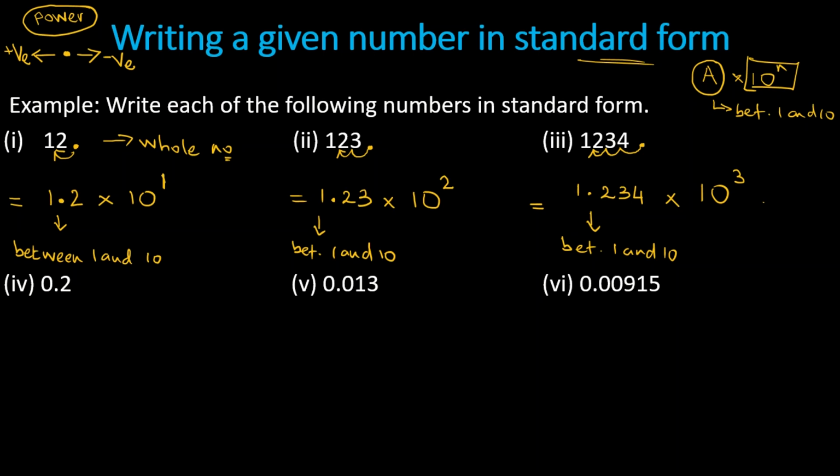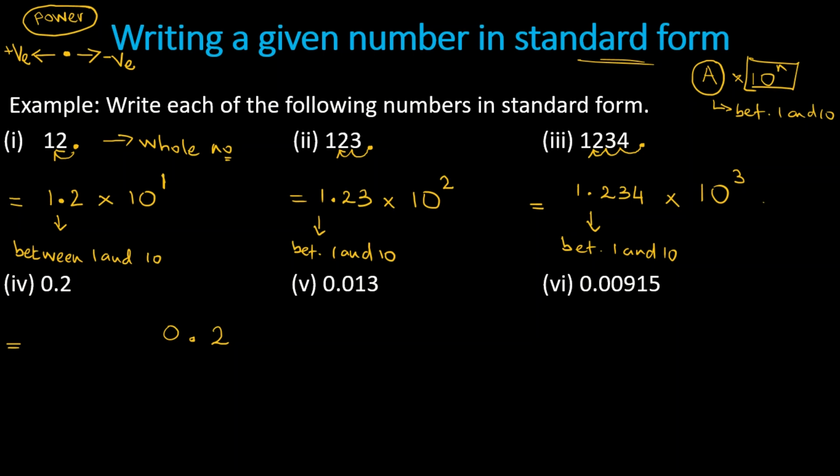Let us see the fourth part. Here we have 0.2. Here we have a decimal number. Again, the trick is to move the decimal point until we reach a number between 1 and 10. Now, here we have 0.2. In which direction do we move the decimal so that we reach a number between 1 and 10?